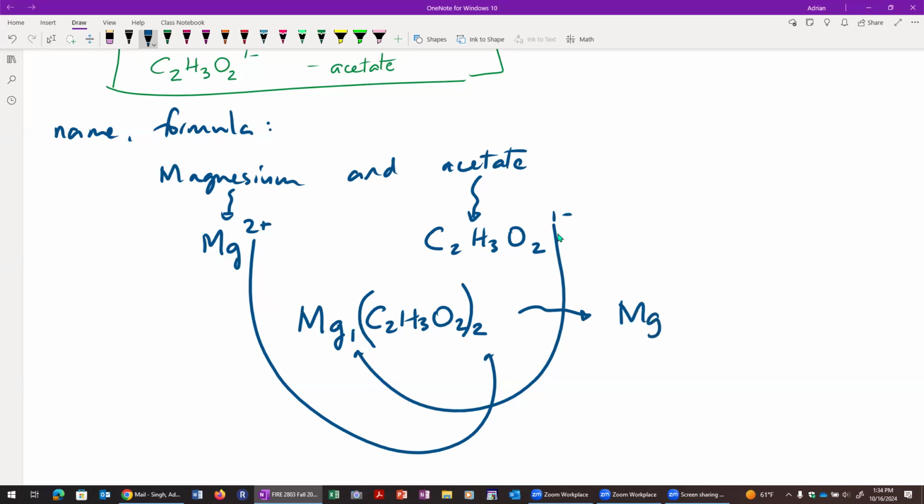I can get rid of the 1, so it's Mg and then (C2H3O2) twice. And that's this extra layer, right? When you see polyatomics in a formula and you have more than one of them, you need to put them in parentheses. That's the only way that we can accurately depict the ratio.